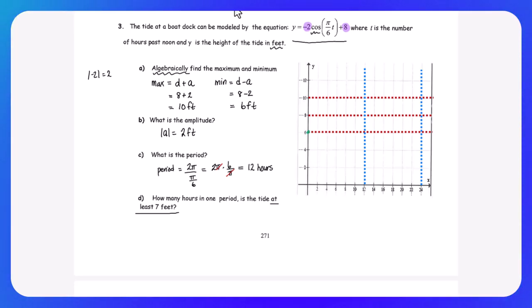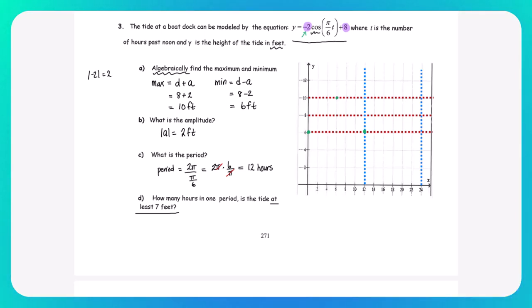So halfway between 0 and 12 is 6. So often when you see this negative here in front of a cosine, that means the minimum is starting at a minimum. But you can always check it in your calculator. But I just want to get kind of the hang of what's going on.